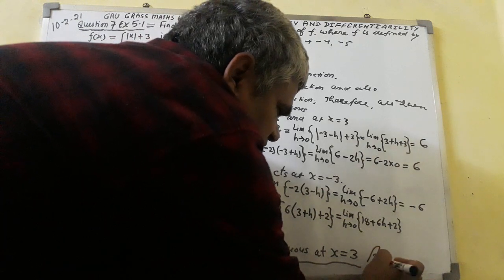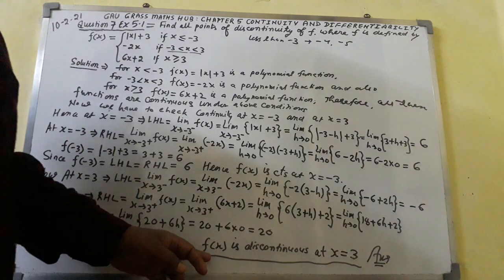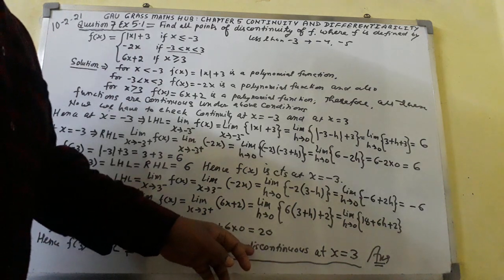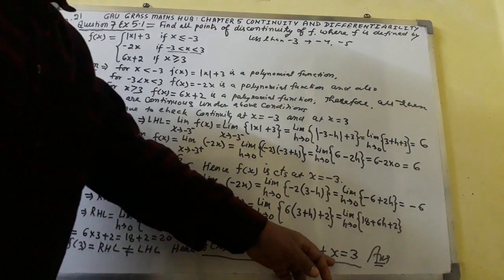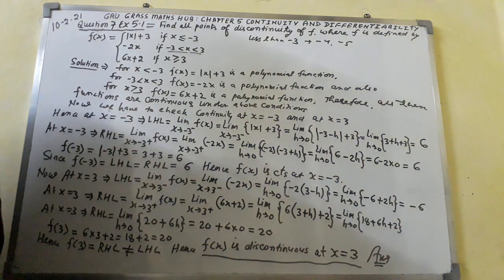This will be the correct answer. f of x is discontinuous at x equal to 3. This will be the correct answer of question number 7, exercise 5.1, chapter 5, continuity and differentiability.